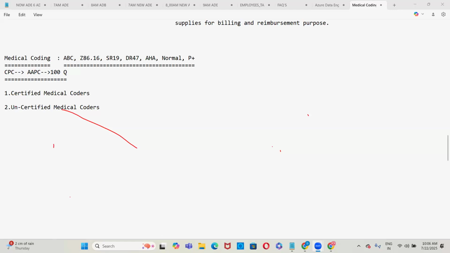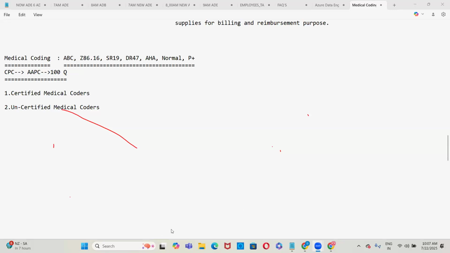BAMS, you mean Bachelor of Ayurvedic Medicine and Surgery? Yeah, of course, you can do it. That's not a problem. As you are already a doctor, understanding this terminology will be easier for you than for a common man. A person who is not from a medical background would face some difficulty understanding the codes, but in your case it will be much easier.